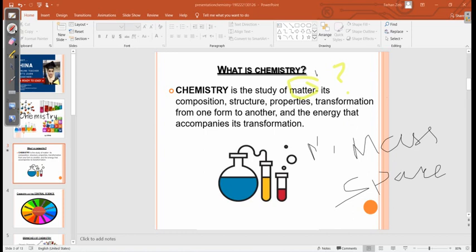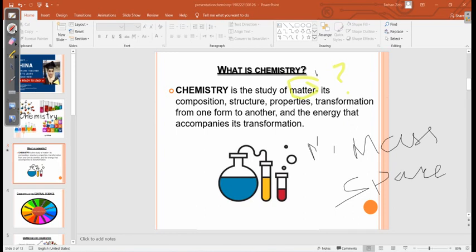Matter may be any kind of solid, like iron, which we can see around us, or liquid. Mostly, we can give the example of water, or gases. Many gases in our atmosphere, like oxygen, we are very familiar with these kinds of gases too.